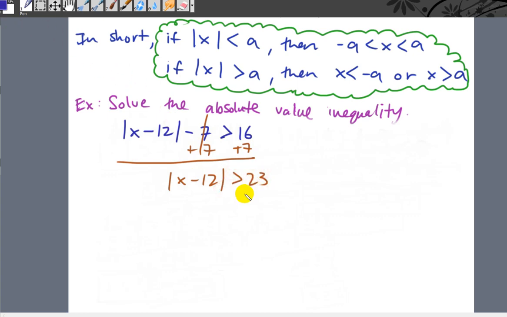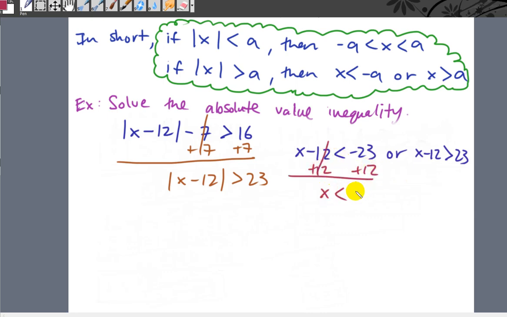And then what we want to do is go ahead and manipulate it. So as you can see, this looks like this. So what we have in this case is x minus 12 is less than negative 23, or x minus 12 is greater than 23. And then we just solve this. So we can add 12 to both sides here.